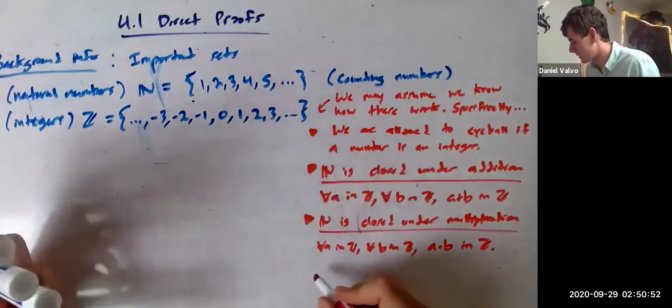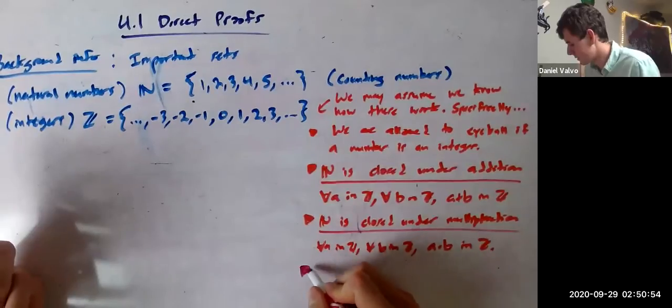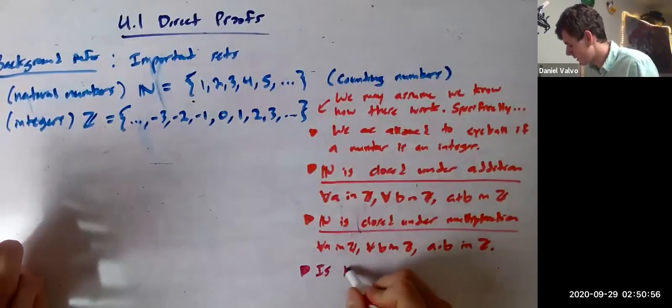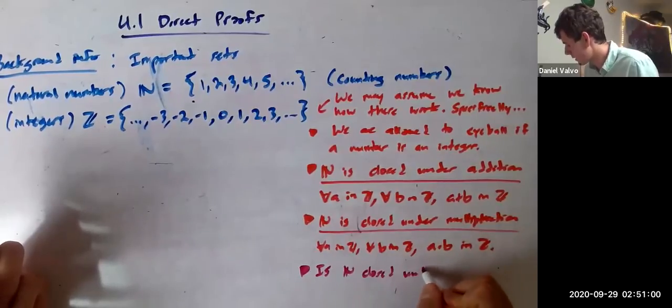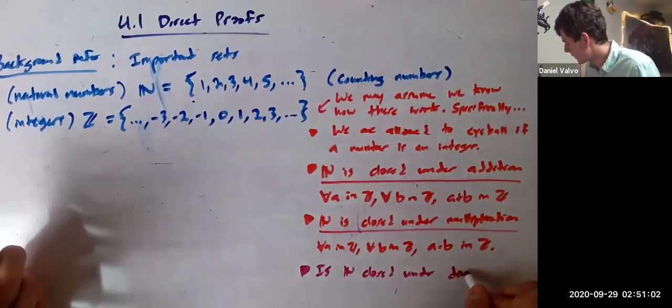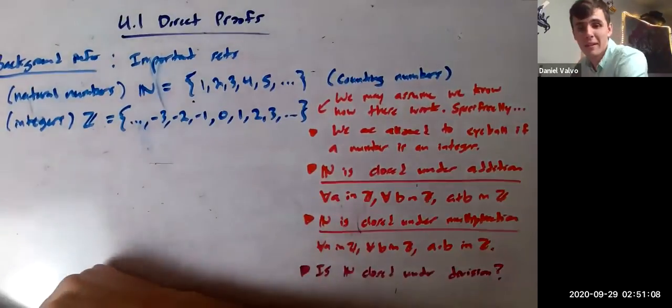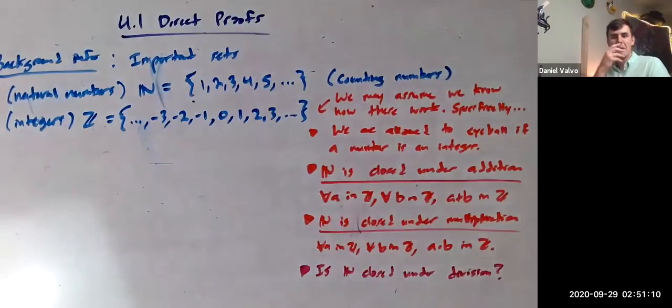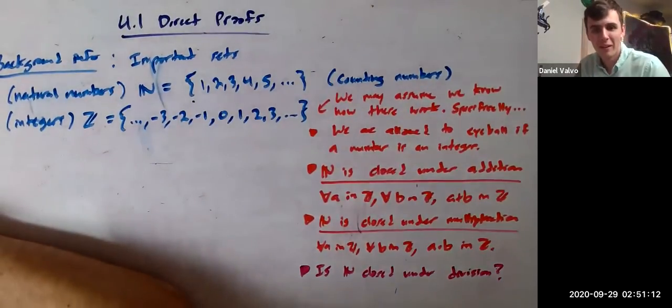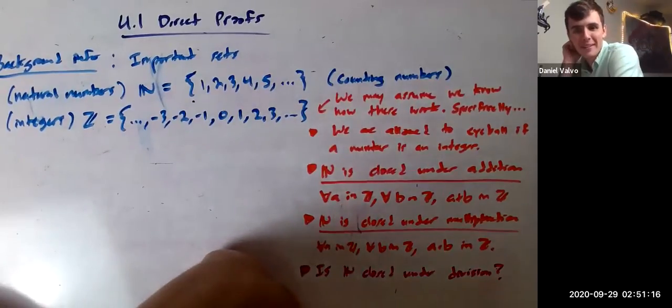So here's a question. Is N closed under division? What do we got? Lauren says no. Why do you say no, Lauren?